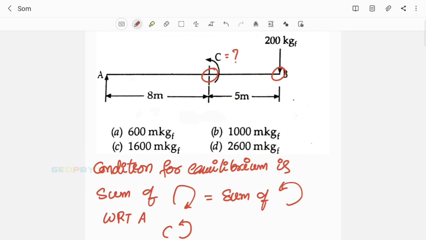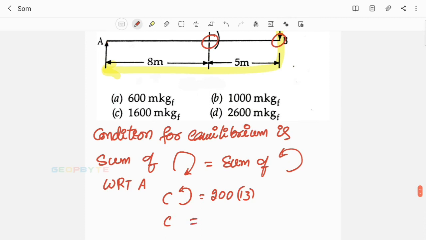This must be equal to the moment due to point load. The moment due to point load is that point load multiplied by distance up to A. So with respect to A, the moment due to point load must be equal to 200 kg force into 5 plus 8, 13.